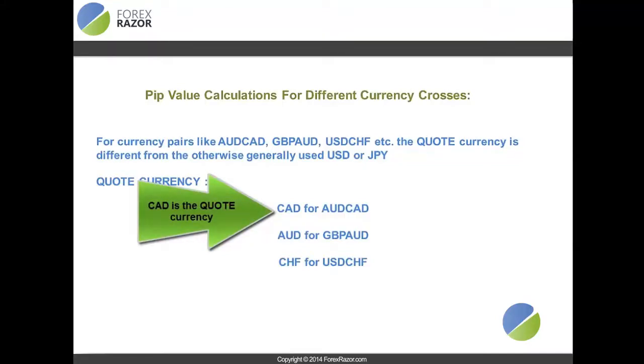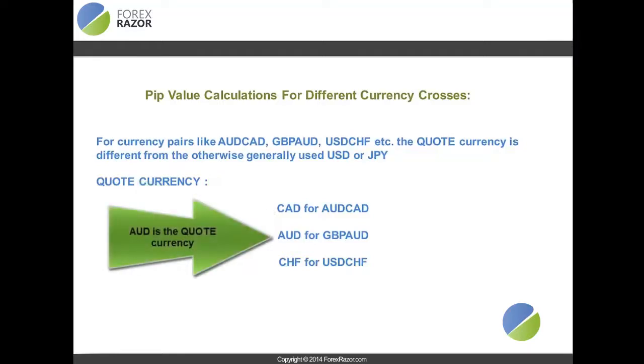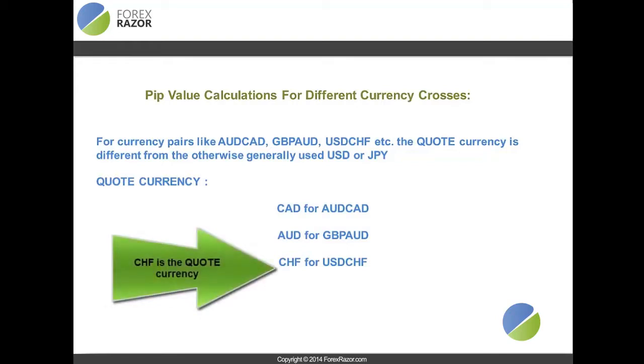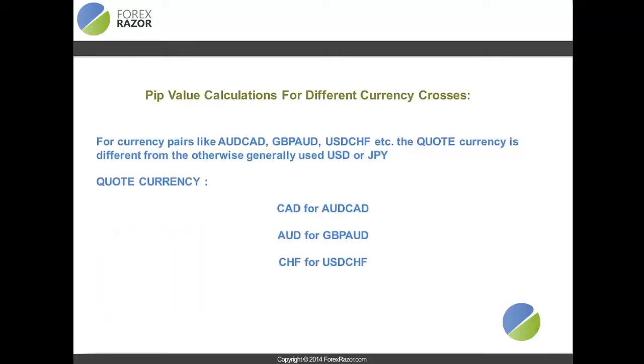For currency pairs like AUDCAD, GBP Australian dollar, USD CHF, that is the US dollar against Swiss franc, the code currency is different from the otherwise generally used US dollar or the Japanese yen. For example, in the case of Australian dollar against the Canadian dollar, the Canadian dollar is the code currency.